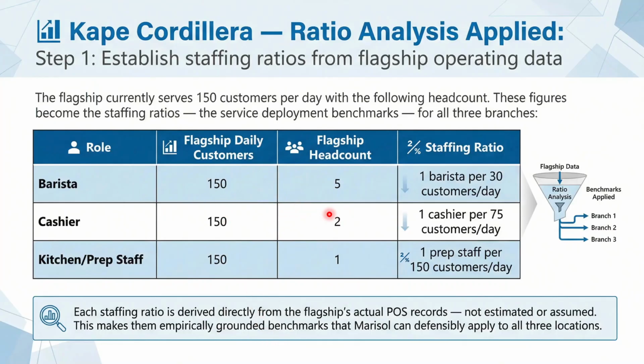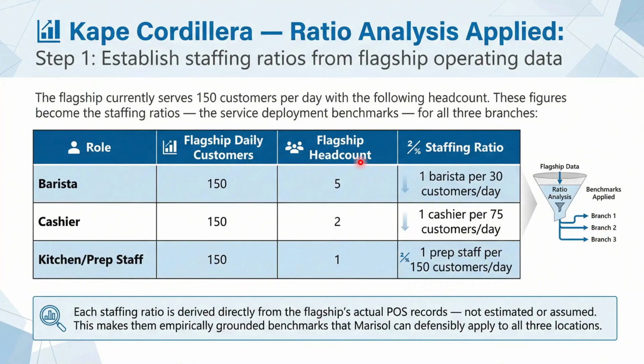Nandyan na yung ating head count. So 150, ilan ang barista na kailangan to serve 150 customers? 5. Ilan ang cashier na kailangan nila para makapag-serve ng 150? 2. Ilan ang kitchen staff na kinailangan nila para makaserve ng 150 customers? 1. Okay?